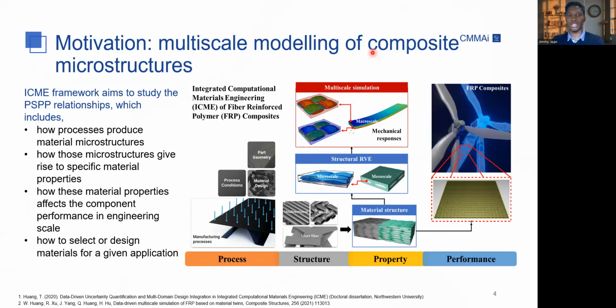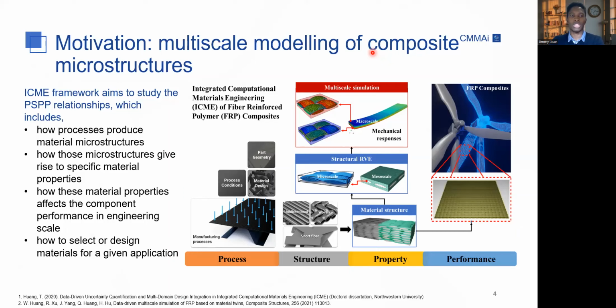Our main motivation is the multi-scale modeling of composite microstructures. And the ICME frameworks in that context aim to study the PSPP relationships, PSPP, which stands for Process, Structure, Property, Performance.